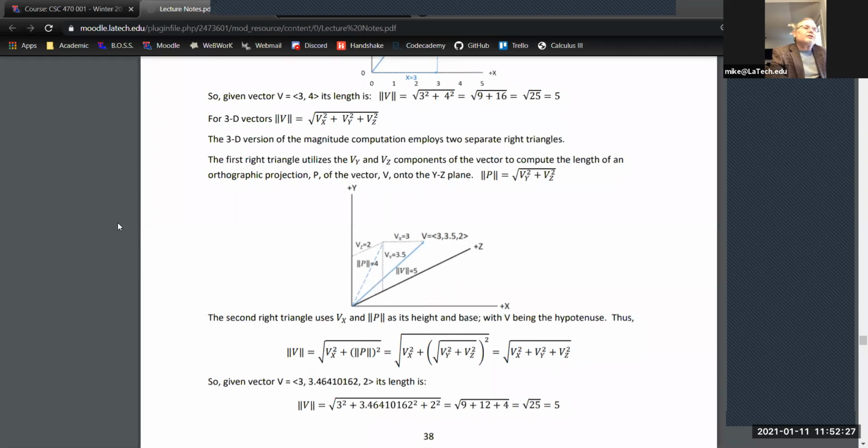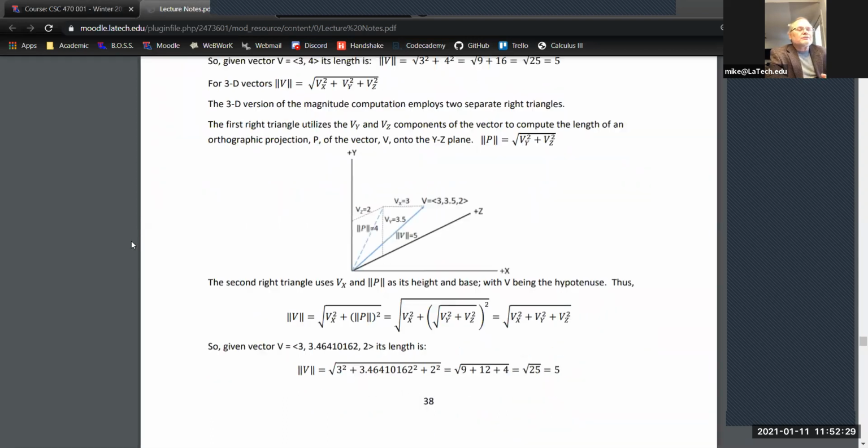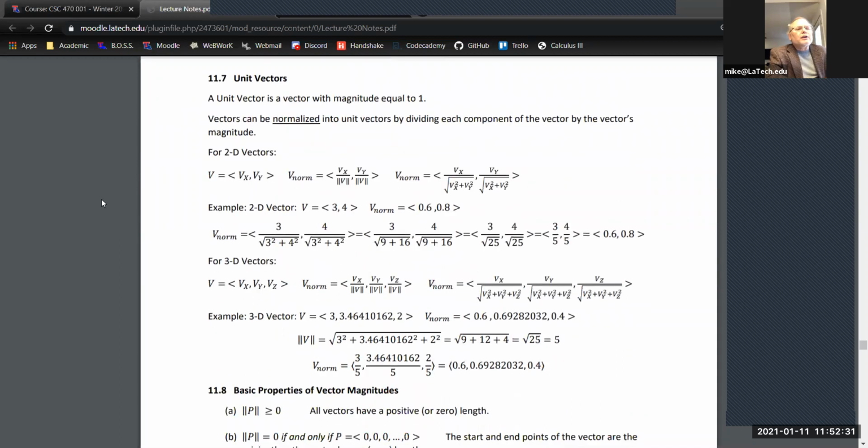Now, top of the next page, unit vectors. Why do we compute length? We compute length to get rid of it, essentially. Many times we will be working with what are called unit vectors. Unit vectors are vectors with a magnitude, with a length, of 1. A lot of times you're only interested in direction and you're not interested in magnitude.